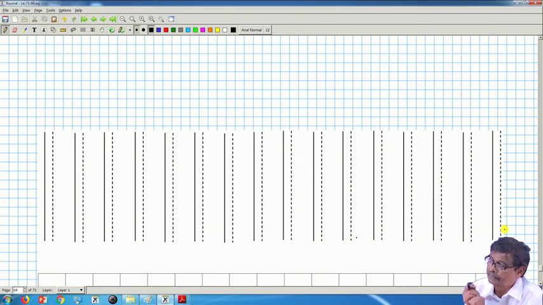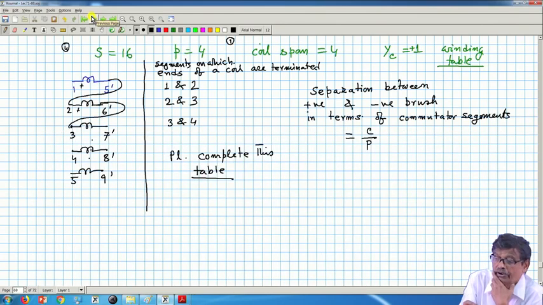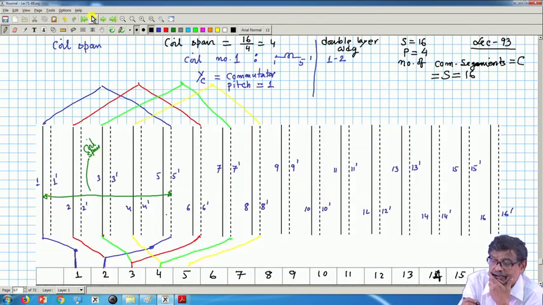Now, I will just mention in words in which particular way lap winding and wave winding are really different.